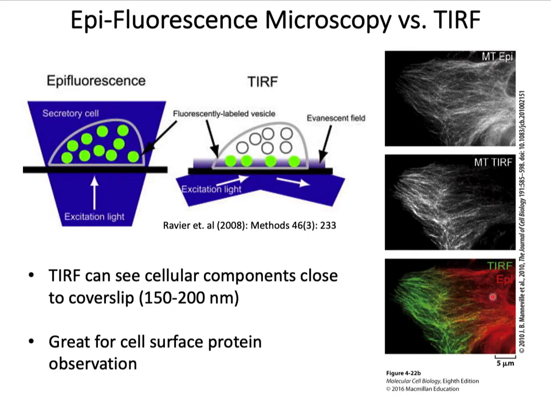The right bottom inset was created by merging two falsely colored images, epi in red and TIRF in green, to highlight the microtubules that are close to the cover slip, the green, and how the distant red microtubules were excluded in the TIRF image in the middle inset.